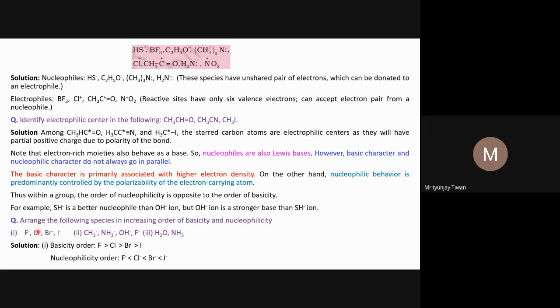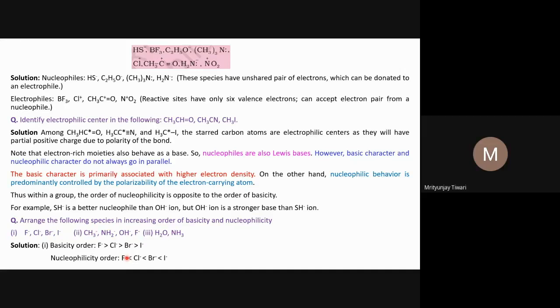These are all electron rich species, so they all are bases as well. But I minus is the strongest nucleophile among all of these, and so the trend goes like this: I minus is the strongest nucleophile, then Br minus, then Cl minus, and then F minus ion.